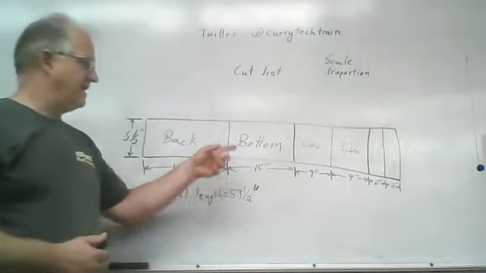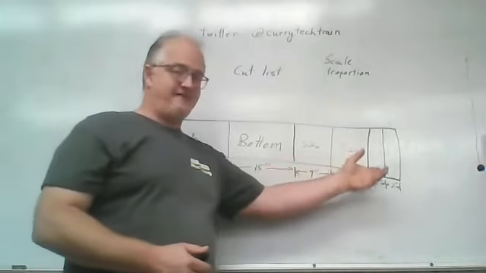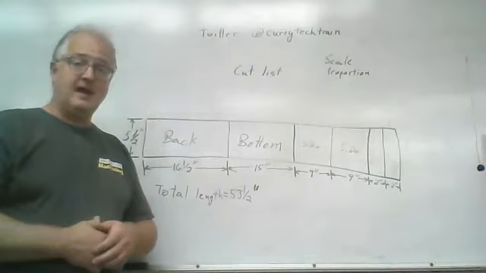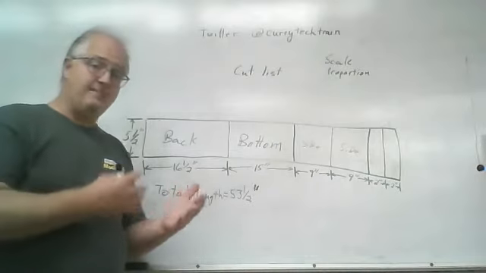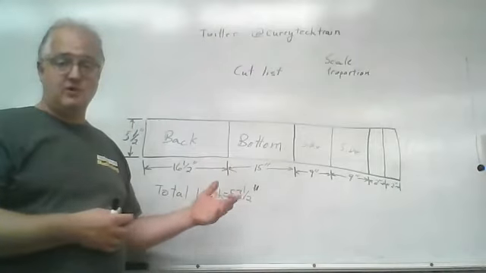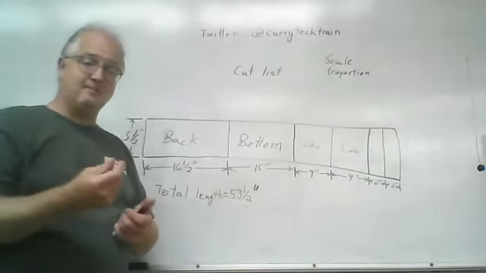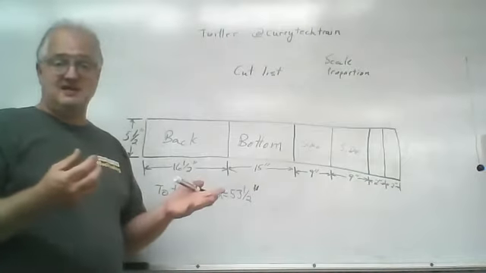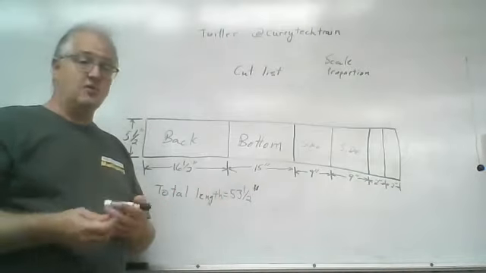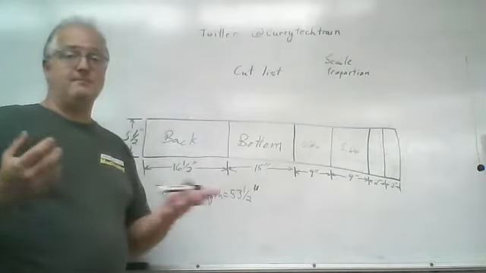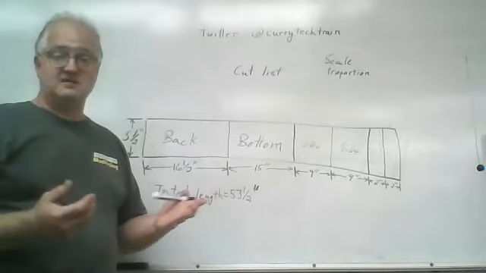We have 1, 2, 3, 4, 5 saw cuts that we're going to be making out of this board. When we make those cuts, we're actually removing material from this board. Now, depending on the thickness of the blade that you're using, a saw blade, that is going to change. So on some hand saws, it might be a 32nd, might be up to 1/8 of an inch, depending on the size of the blade.